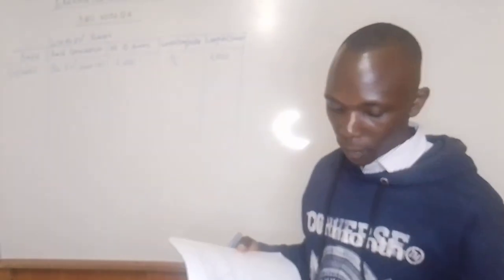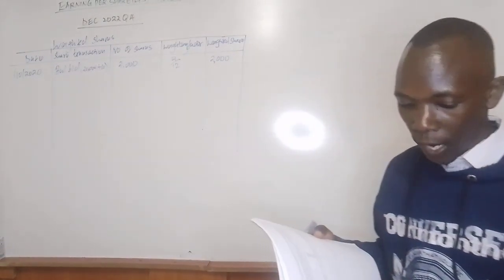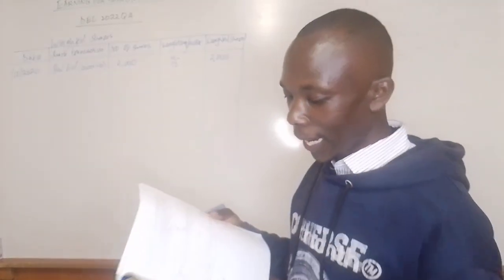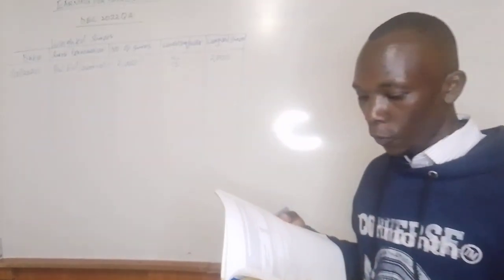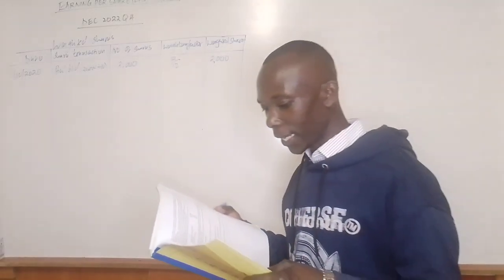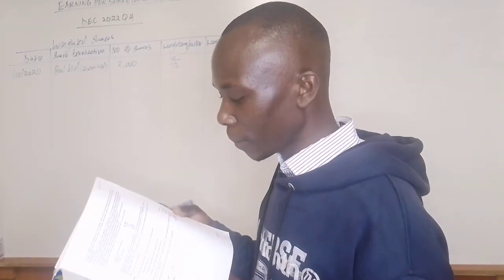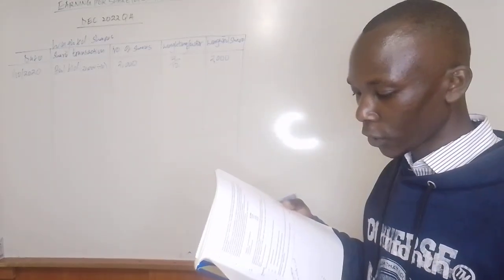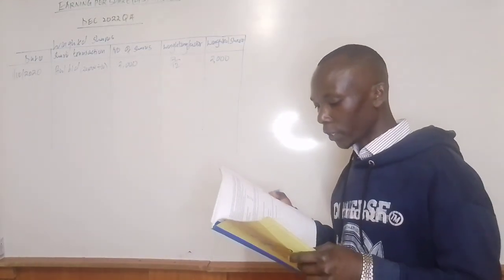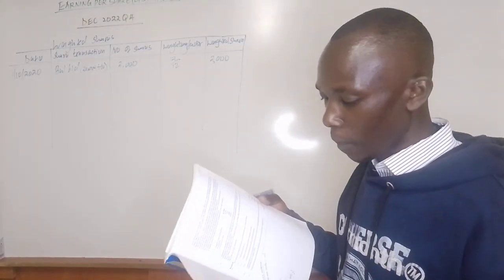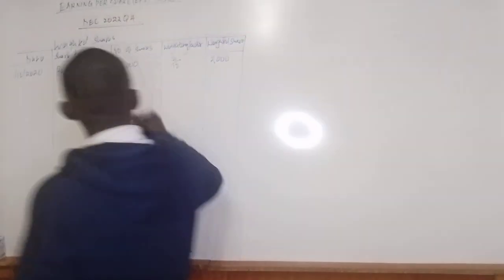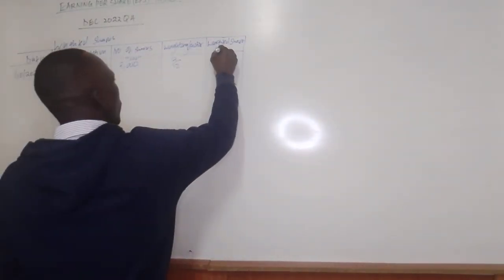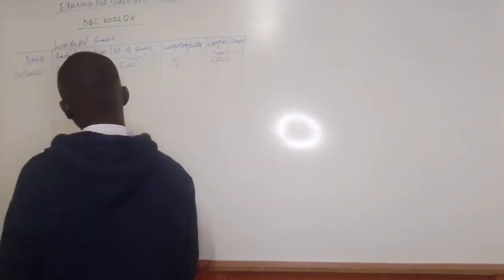So additional information number 1, you are told that on 1st January 2021, the company issued 400,000 ordinary shares at full market value. And remember, our shares are presented in thousand.